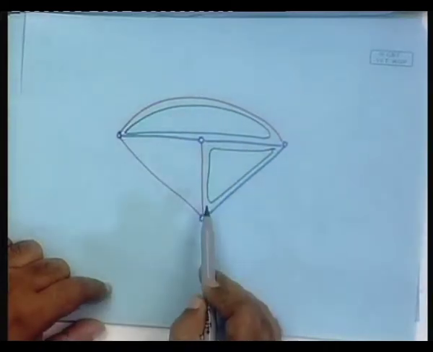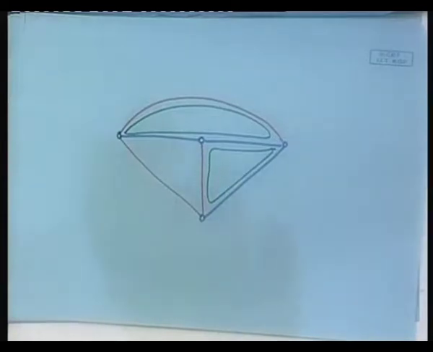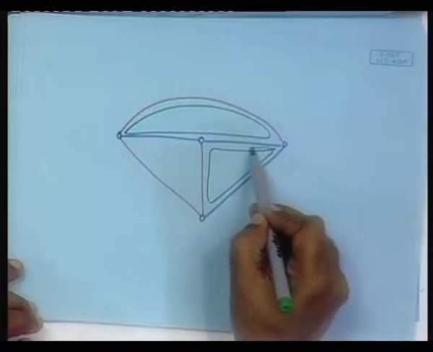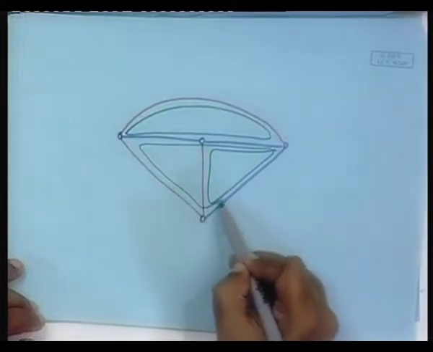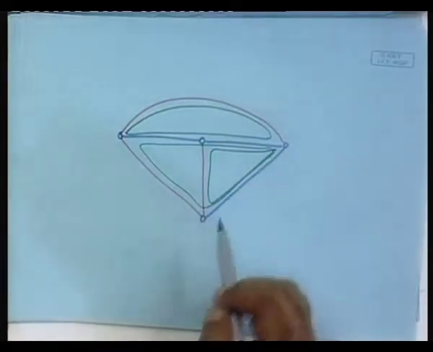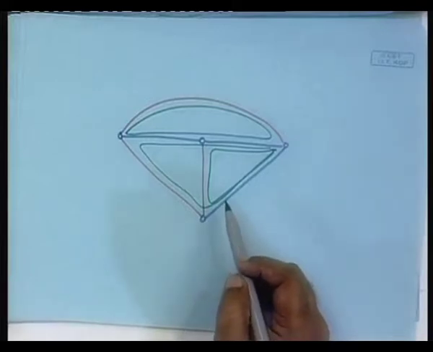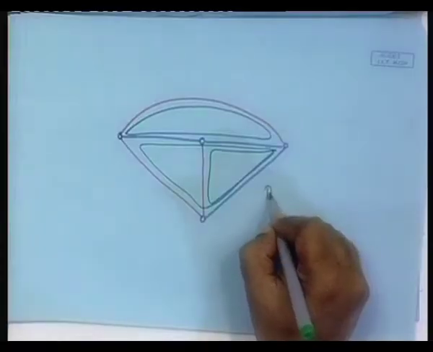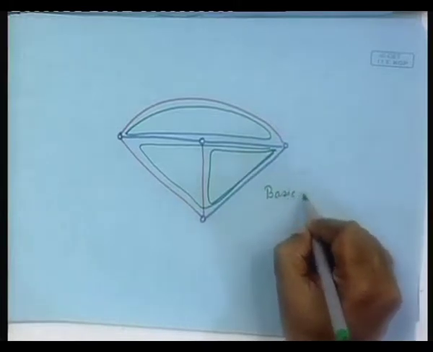Any other? This. Yes. So, these are the basic loops, the loops that contain only one co-tree branch. So, this is the basic loop.